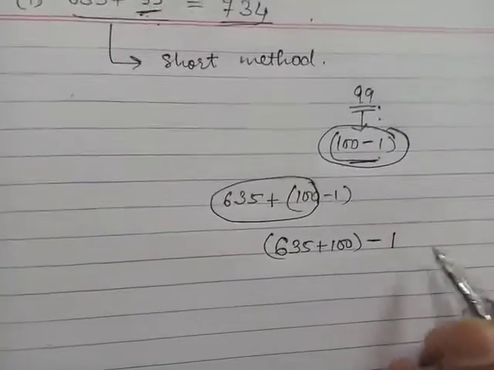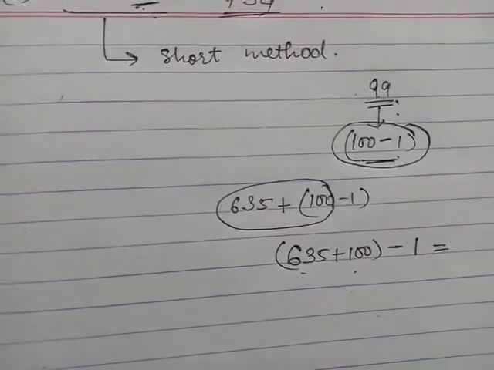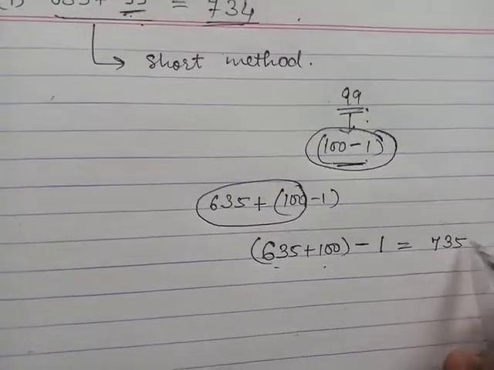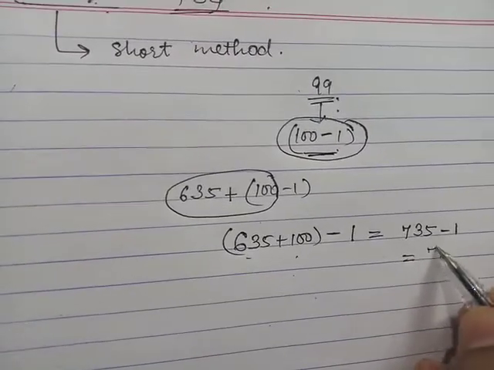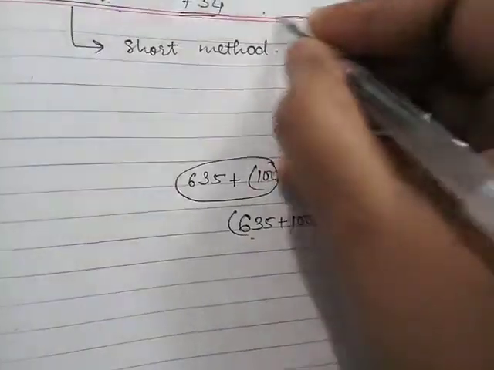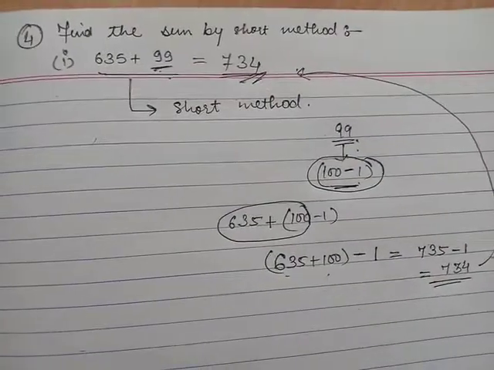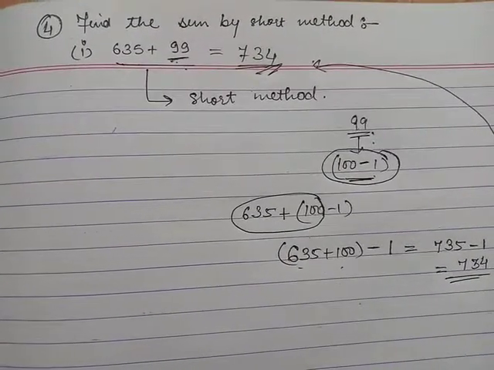When 635 is added to 100, the value will be 735, and minus 1 gives 734. This value is equal to the 734 we got earlier. In this way you have to solve question number 4.